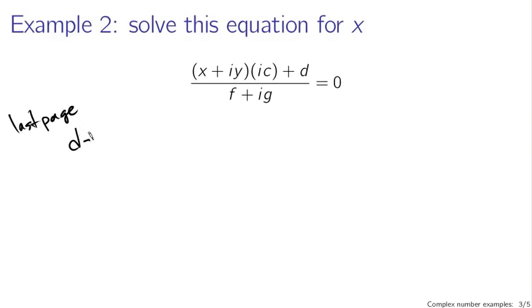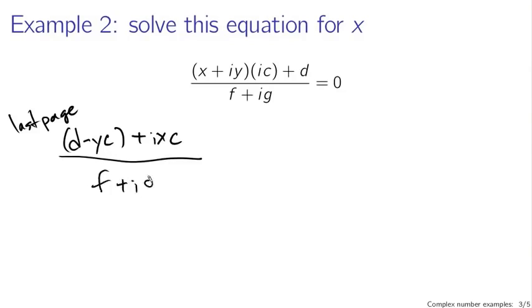We had d minus yc for the real part, plus ixc for the imaginary part, and that was divided by f plus ig. If we're setting this equal to 0, the nice part about dealing with complex expressions like this is that 0, treated as a complex number, is 0 plus 0i. It has a real part and an imaginary part as well. It's just kind of trivial.